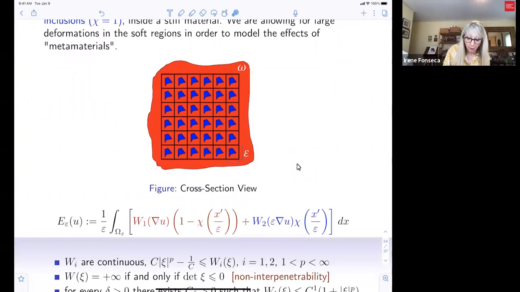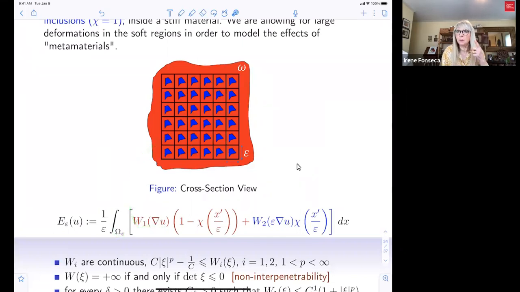Again, so you're going to rescale, right? So you have that. And so, well, I didn't rescale yet, but in omega epsilon, again, you have some energy. So chi is going to be 1 in the blue, right? So outside the blue, when chi is 0, you are in the red.